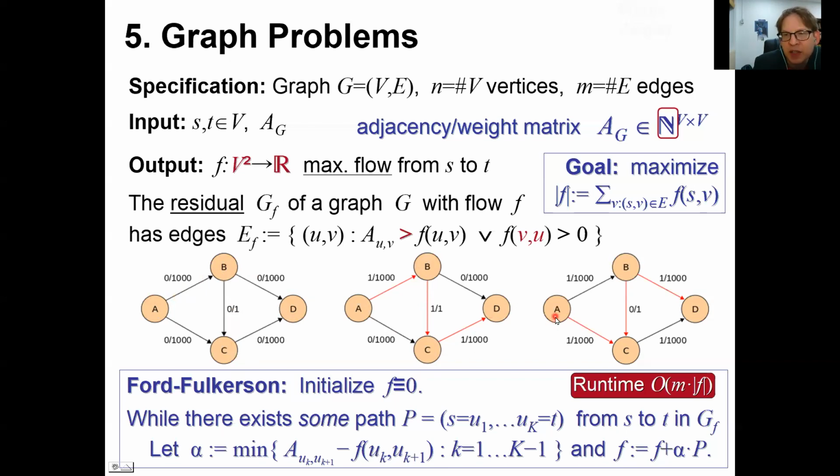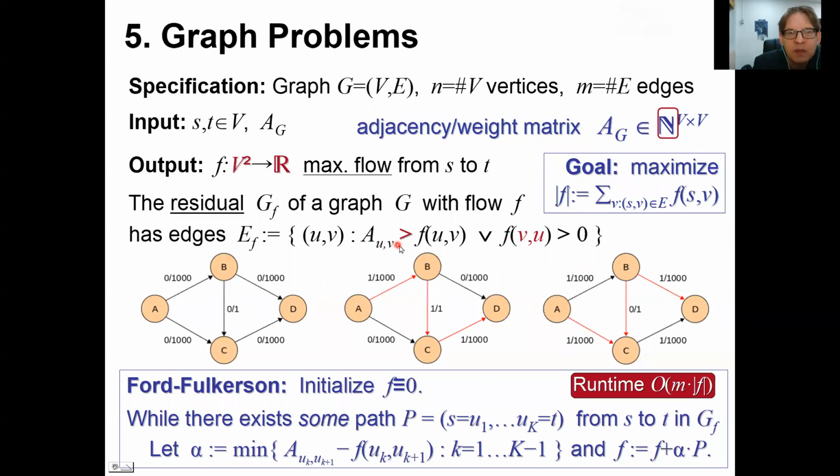Let's now consider the next iteration, where Ford-Fulkerson has removed that edge from the residual graph and now considers this path. And this is an important subtlety and gives me the chance to expand on that. Remember our subtle definition of the residual graph.